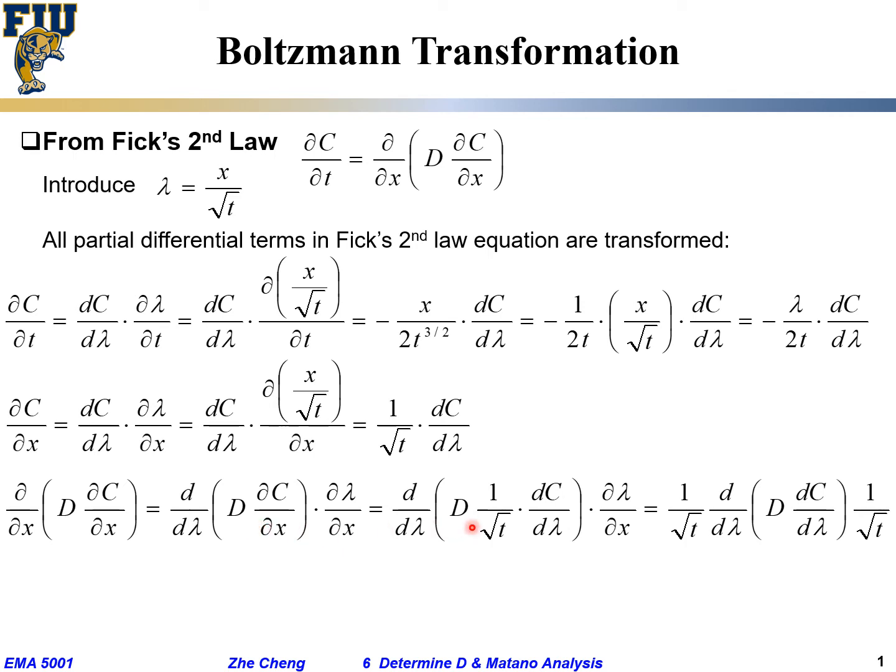And then D we copy. And what is the partial differential of c with respect to x? It is just here, the middle line equation, right? The partial differential of c with respect to x is just 1 over square root of t times dc over d lambda times, don't forget, the partial differential of lambda with respect to x.